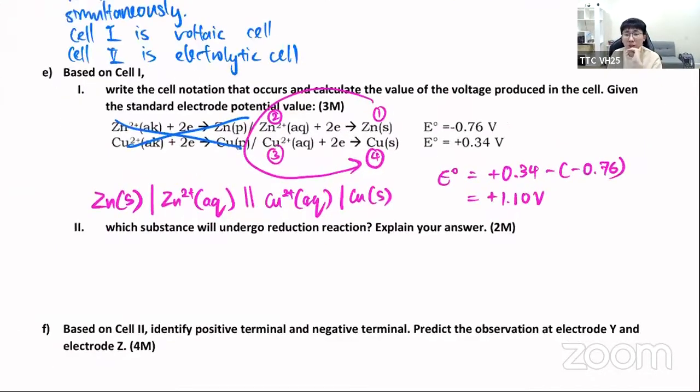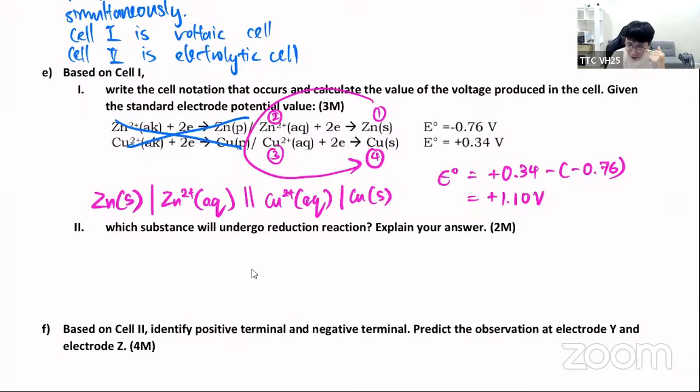Okay, moving on. Which substance will undergo reduction reaction? So from what we learned just now, zinc to zinc 2+ is oxidation. Then Cu2+ to Cu is reduction. How to check? The charge increase or decrease. So reduction is charge decrease. So charge decrease, reduction.